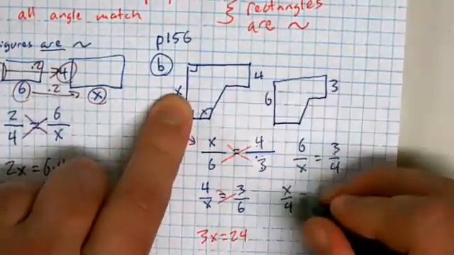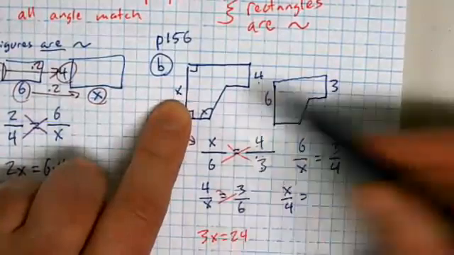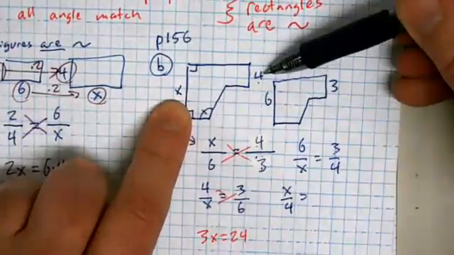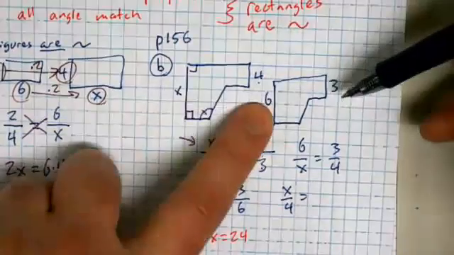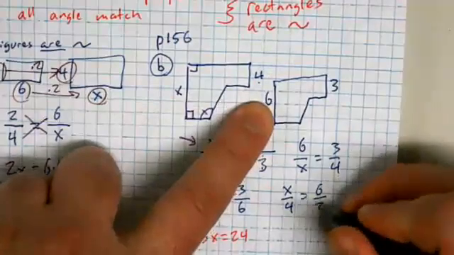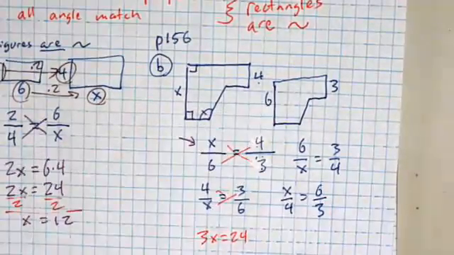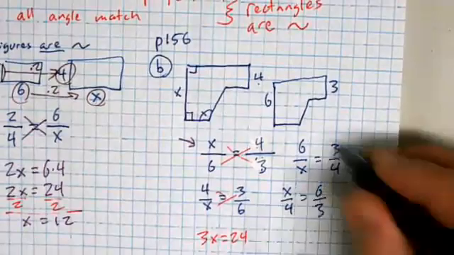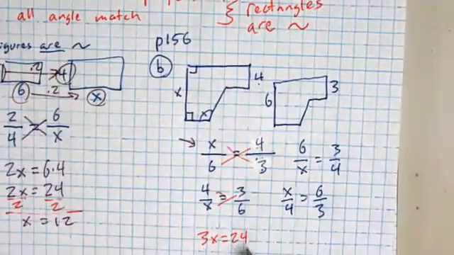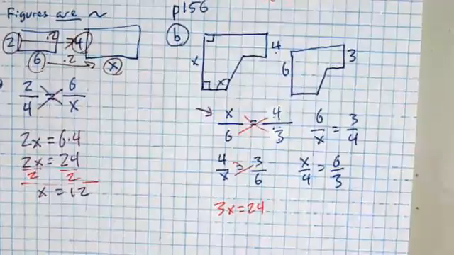And if I were going to do x over 4, what would I need to put in my second fraction to make it consistent? X over 4, I would need to do 6 over 3. That would work also. It turns out as long as you're being consistent about how you write your fractions, you're going to get an equation you can solve. Again, if I cross multiplied any one of these, I'm going to get the same next step, 3x equals 24.